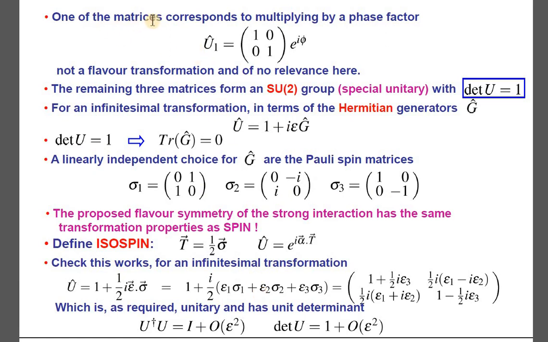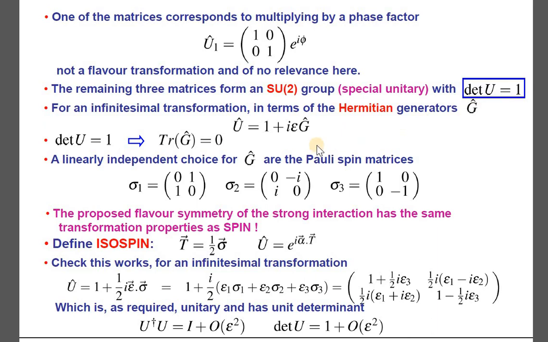Fine. One of the matrices corresponds to multiplying by a phase factor through the identity matrix, which is not a flavor transformation and of no relevance here. The remaining 3 matrices form the SU(2) group, the special unitary condition, with determinant of U being equal to 1.